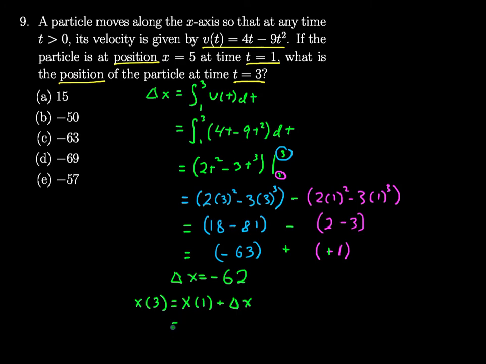And that's just equal to x at time 1, well, it's in location 5 at time 1, so that's 5. And my change in x is negative 62, so plus a negative 62. And 5 plus negative 62 will give me negative 57. So my answer here is E, negative 57.